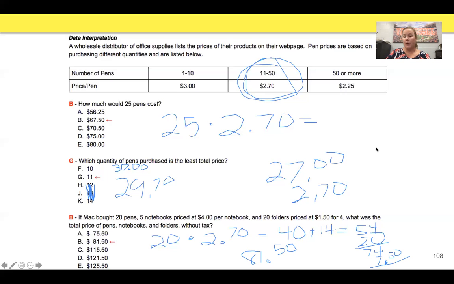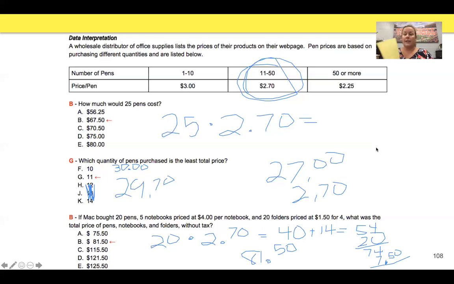Okay, now for your exit ticket, for day 12. Now, I'm going to give you a little hint on this one.